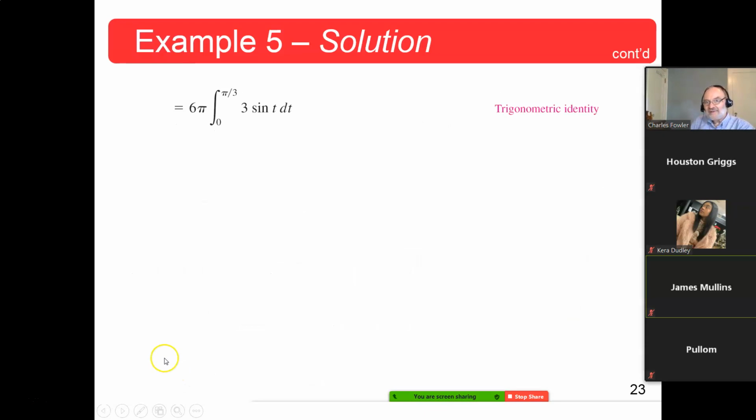They left that 18 in there; I would have pulled it out and made it, I did, 18 pi integral from 0 to pi thirds. There's the minus 18, and the minus comes from the antiderivative of sine being minus cosine. Then you evaluate that, and that would be a 1/2 minus 1. It gives you a minus 1/2 times a minus 18, and that gives you a plus 9 pi.